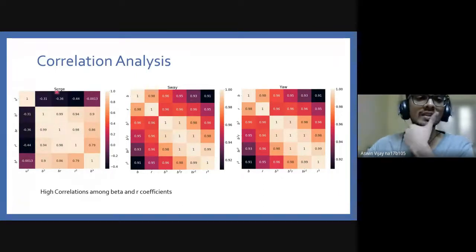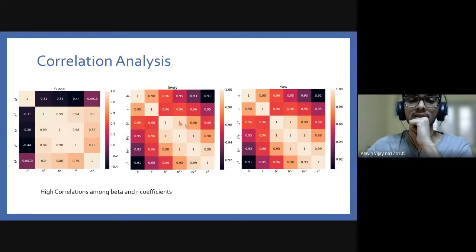If you look at the surge correlation matrix, you can see that the terms are not that correlated, especially u square, they're negatively correlated here. But if you look at the sway and yaw, which has beta cube, beta square r, and beta r square, if you look at this part, you can see that the correlation coefficient is almost 1, which means that they are really highly correlated.